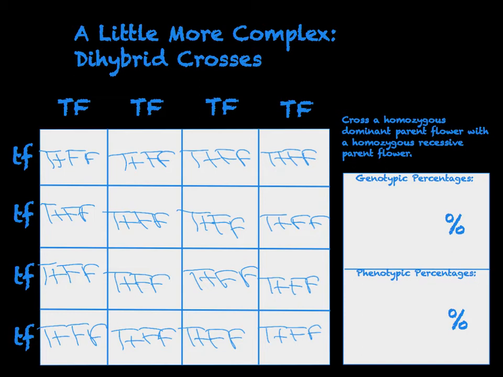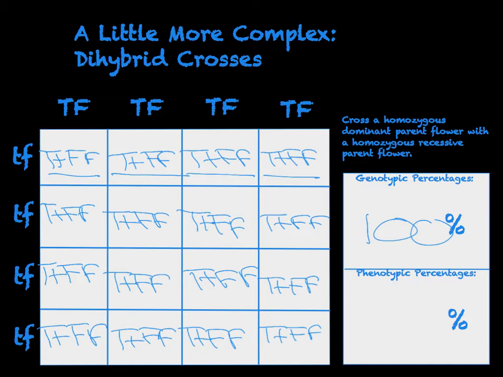So, for your genotypic percentage, you see the same thing across the entire square. So you see T, T, F, F for every single square. So that would be 100% because everything is the same. Phenotypic, if it's the same thing, then it's going to be the same thing for the phenotypic. If you see a dominant allele in any square, it's going to be that trait.